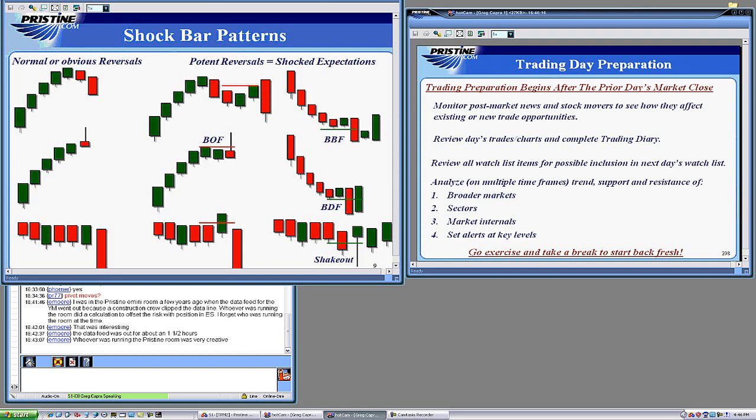Exercise. You've got to take care of yourself, because sitting in a chair all day isn't healthy. So we've got to take a break. Get away from the computers. This is an addictive business. Virtually everybody I've ever met doing this, especially if you've gotten to the point where you're taking this seminar, you're passionate about it.